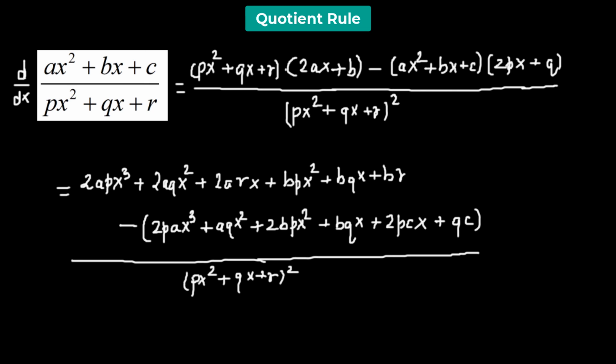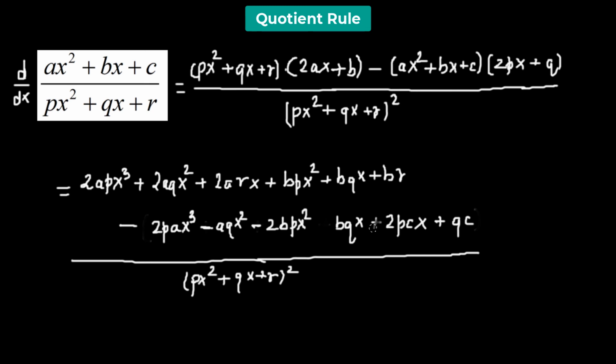Now we remove the parentheses. So we have minus aqx squared minus 2bpx, so everything will become negative.